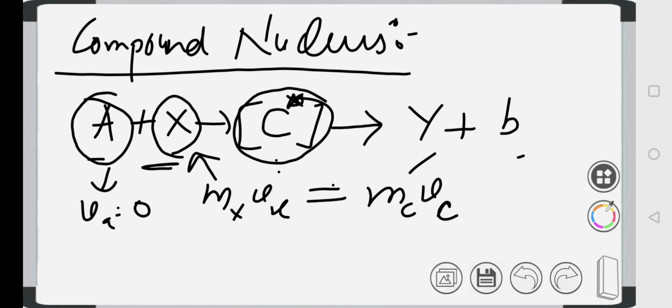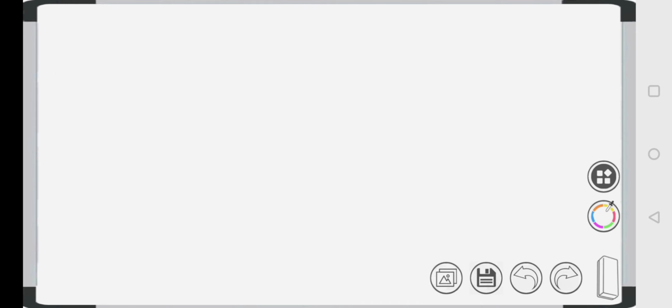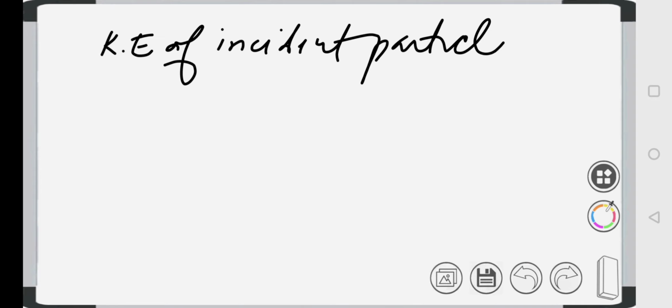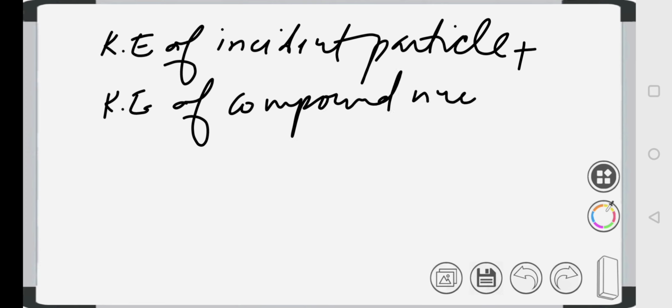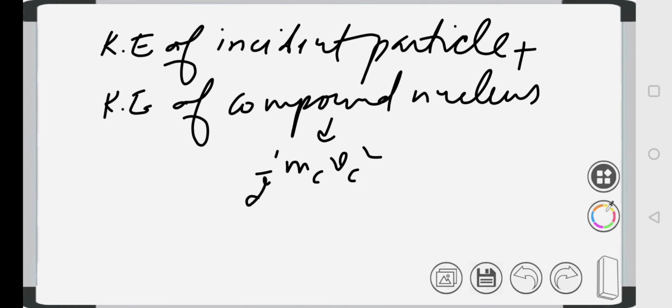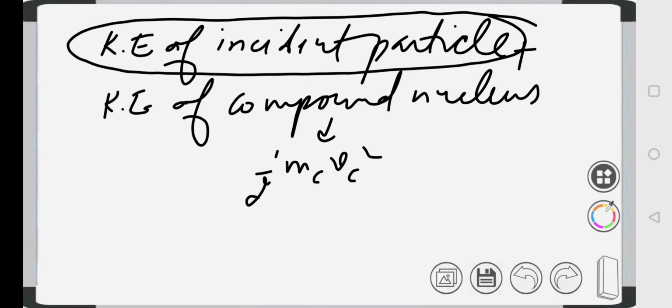It is applied in the form of kinetic energy of incident particle, plus kinetic energy of this compound nucleus, that will be 1/2 mc vc square, and this energy is applied in the form of kinetic energy of incident particle.